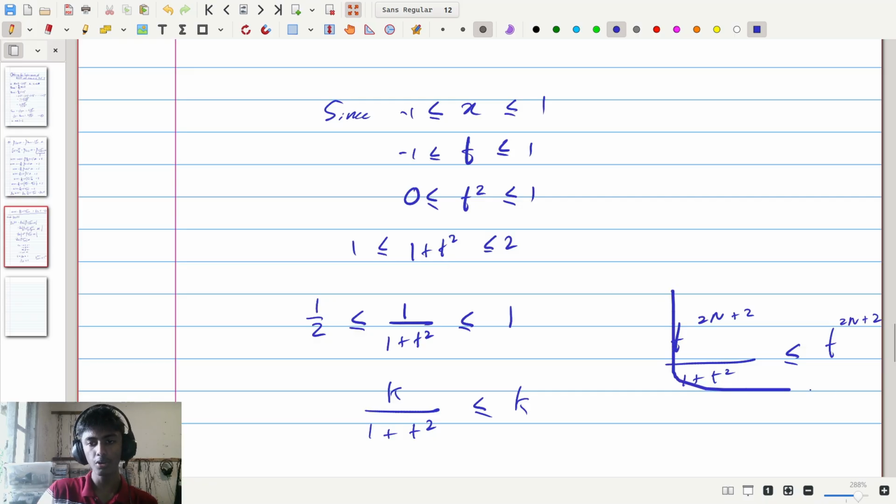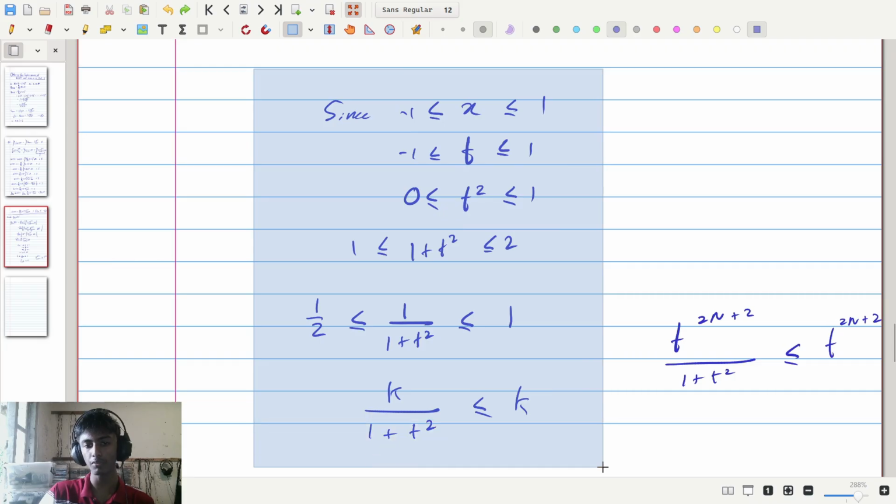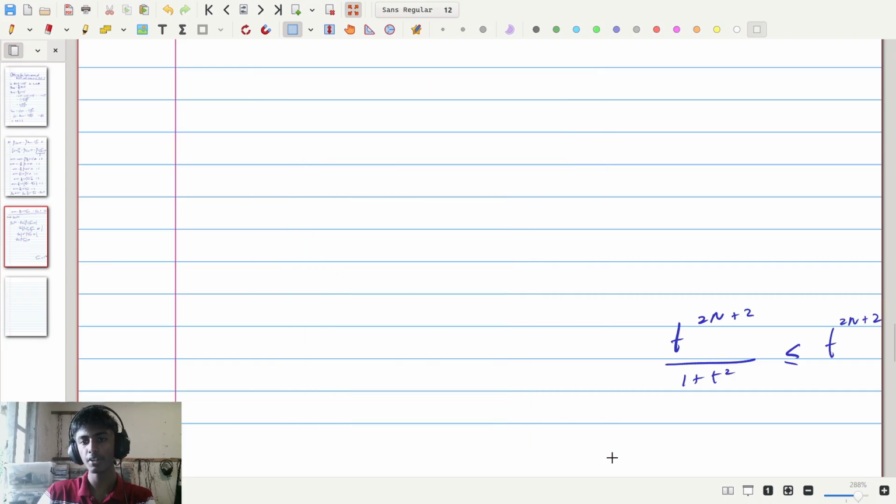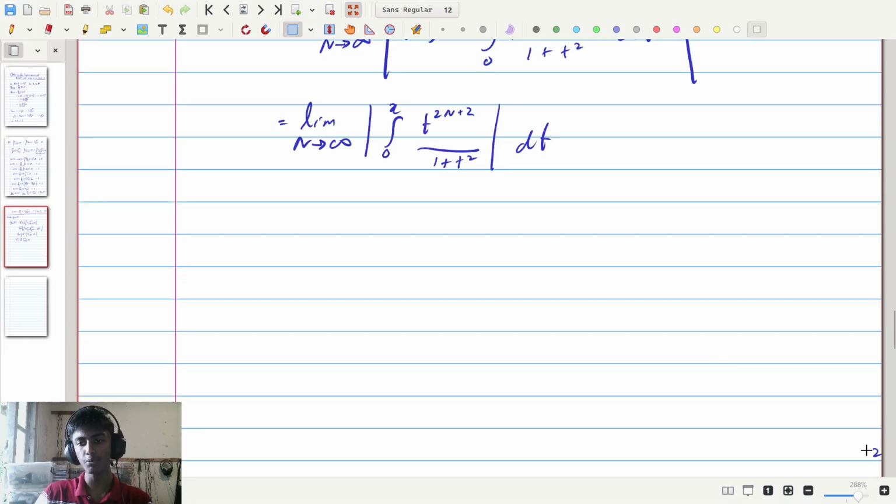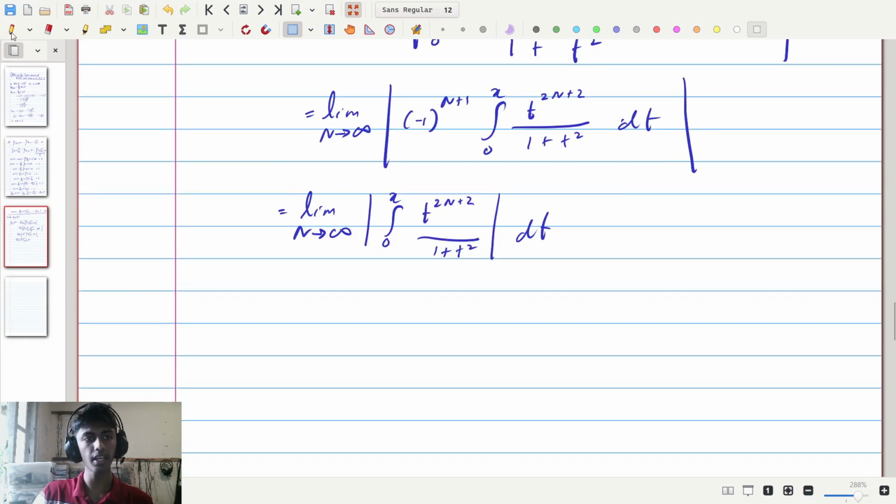Since this is true for every single value of k that we could possibly substitute in because of the values of the integrals which we described, due to this fact, we can say that if we integrate each of these terms, then the integral of them is also going to be less than or equal to the total integral that we're considering.